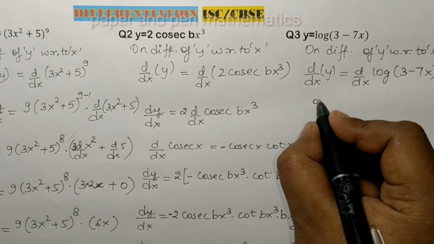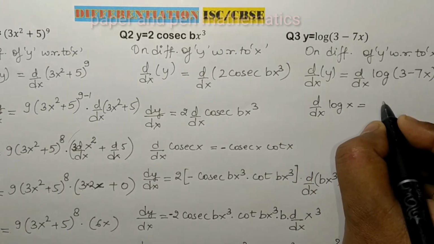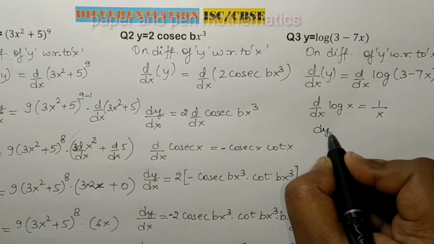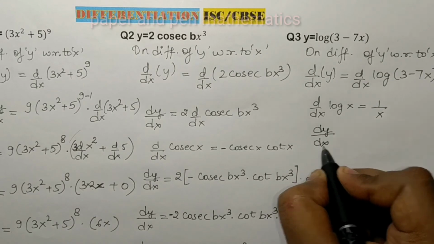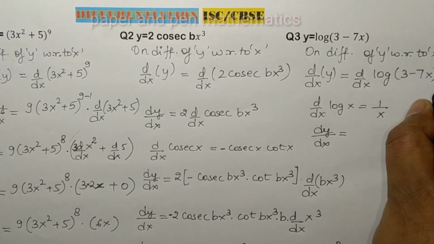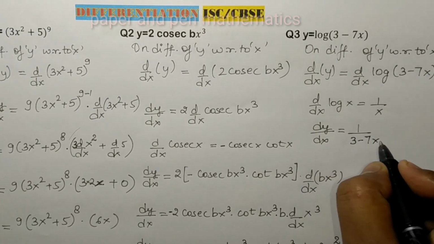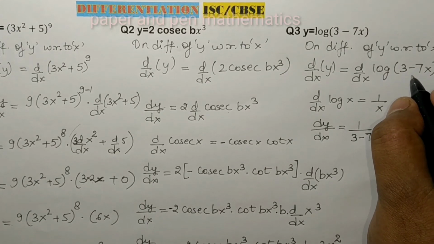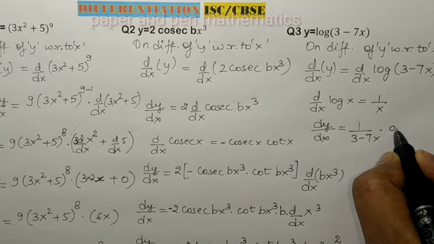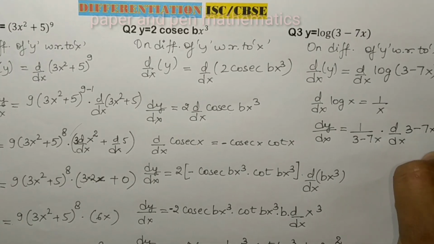Now we know that differentiation of log x, this is the formula, differentiation of log x is what? 1 upon x. So we will be using this formula, differentiation of y being dy by dx, differentiation of log x, so we have to assume this as x, so differentiation of log x is 1 upon x. Now this is not actually x, but it is 3 minus 7x, so we have to do differentiation again, which is known as the chain method, d by dx of 3 minus 7x.